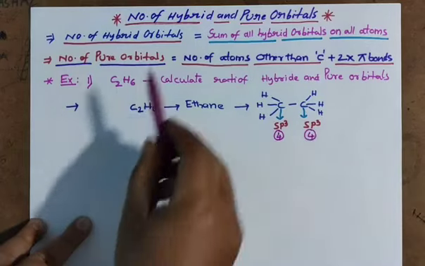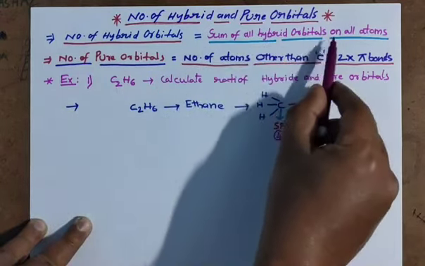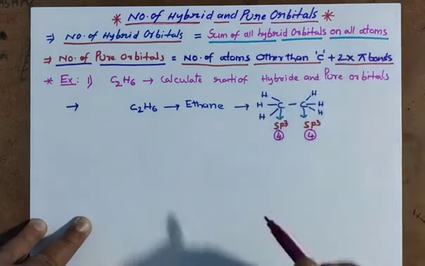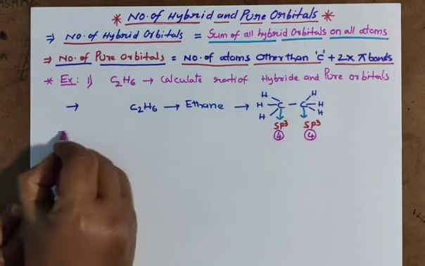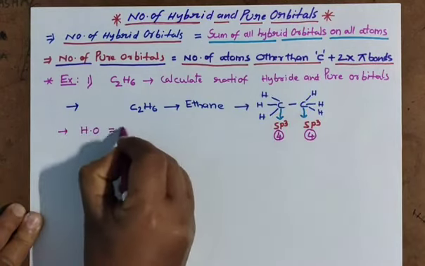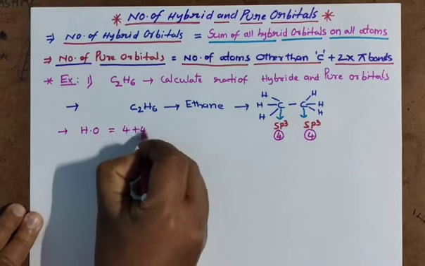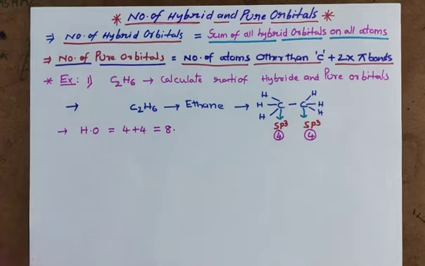What is the formula? Sum of all hybrid orbitals on all atoms. So here 4, here 4. So hybrid orbitals equal 4 plus 4, that is equal to 8. 8 hybrid orbitals are present in ethane.